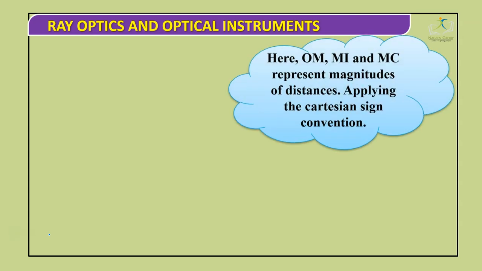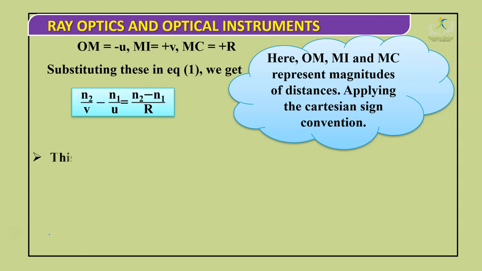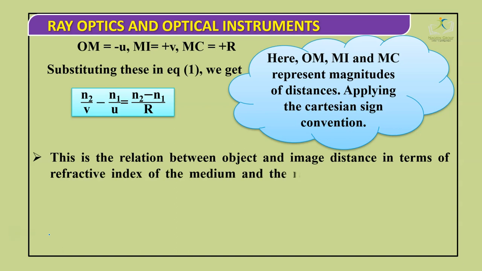Here OM, MI and MC represent magnitudes of distance, applying a certain sign convention. OM is equal to minus u, MI is equal to plus v, and MC is equal to plus R. Substituting these in equation 1, we get n2 by v minus n1 by u is equal to (n2 minus n1) by R.